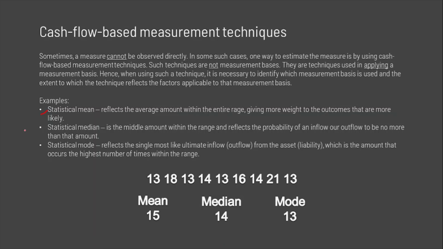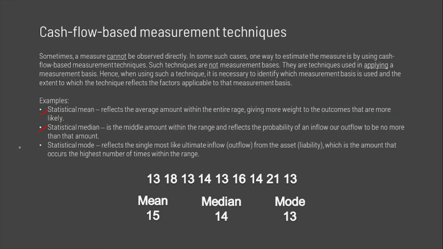Expected value is not intended to predict the ultimate cash inflow or outflow from an asset or a liability. Next, you have your statistical median, or your maximum amount that is more likely than not to occur. It is the middle amount within the range and reflects the probability of an inflow or outflow to be no more than that amount.